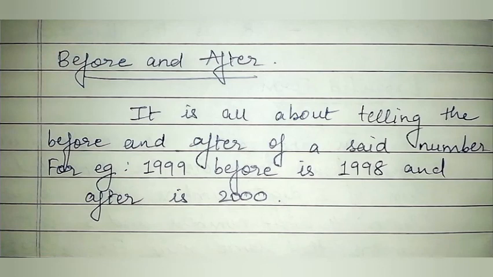If we are given 121 as a number and you are asked the before number of 121, then you know that it is 120, because you have been studying serial numbers since school. So this is the simple before and after number.